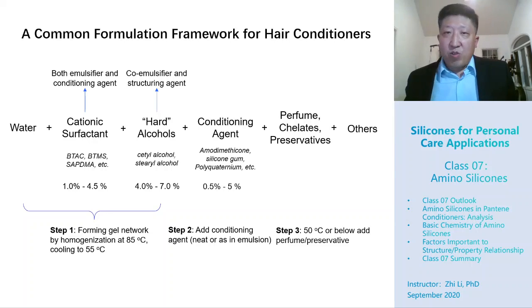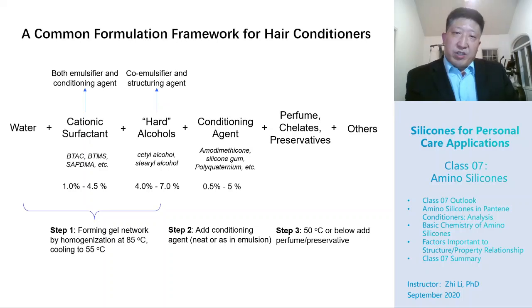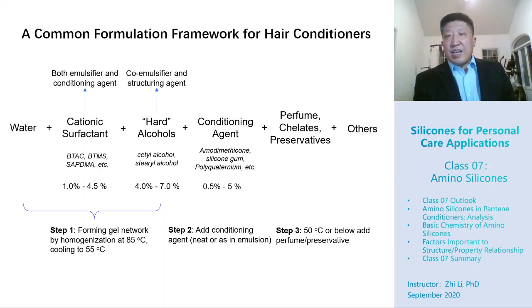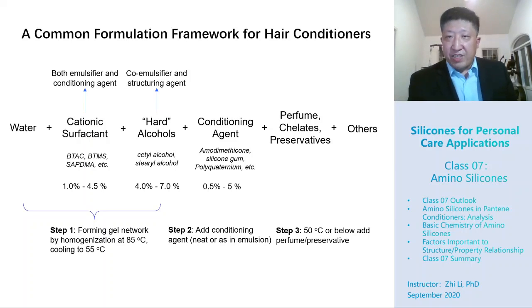by arranging those cationic long chain surfactants as well as those long chain alcohols. Once this gel network is formed, with continued cooling and this liquid crystal structure forming throughout the cooling stage, you get a viscosity increase. A gel network is formed. So the next step, which most of this type of conditioner makers are doing, is to add additional conditioning agents for whatever conditioning benefit they want.